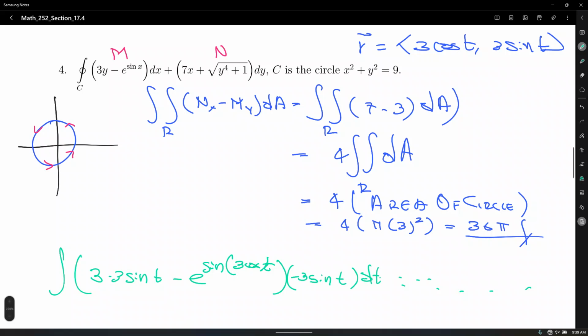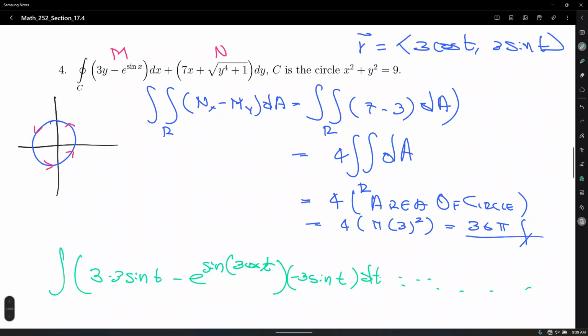Just look at that. Good luck evaluating that integral. It's doable, maybe. Oh yes, it's doable. I thought it was not going to be. No, it's not doable. When you distribute the dt times negative 3 sine here, your u would be sine of 3 cosine t. You would need to use a chain rule here to get the u part.